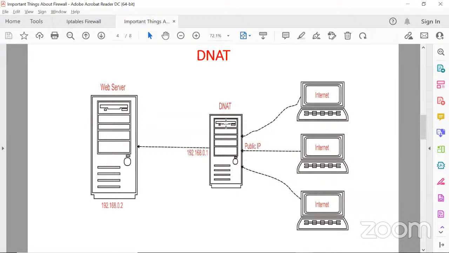So for security purposes, sometimes the company launches the server this way, and this device performs the DNAT type of function. In banks, generally, they need access on all the terminals, so they implement this type of firewall.